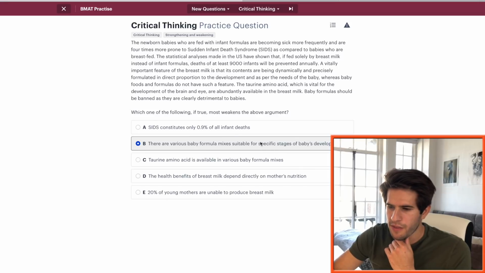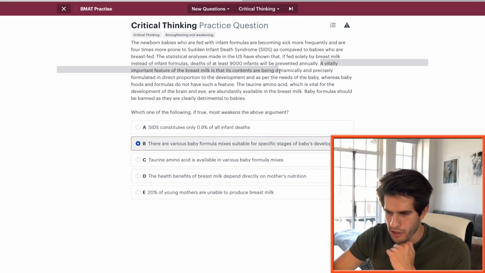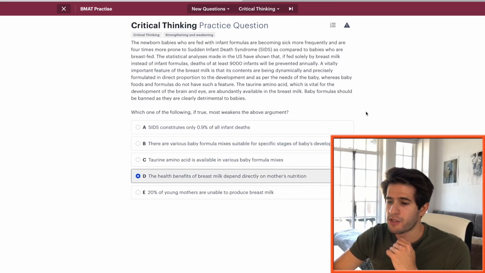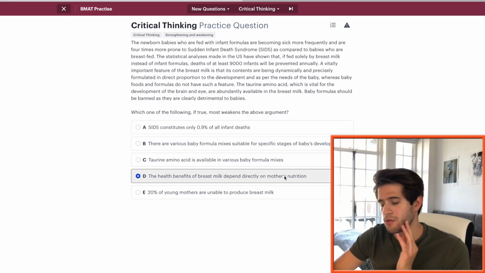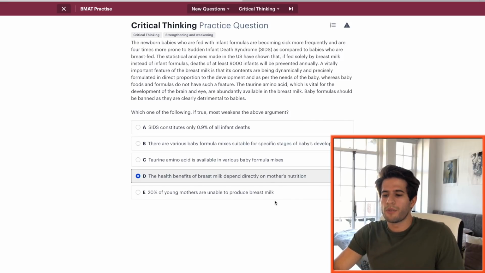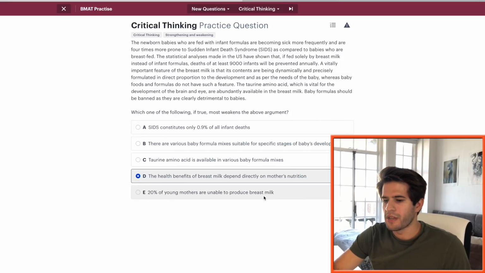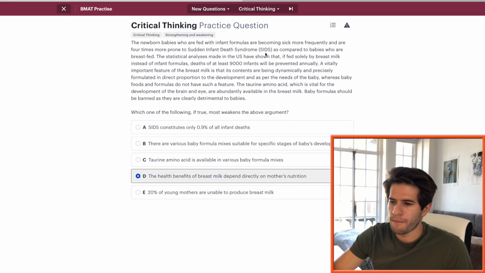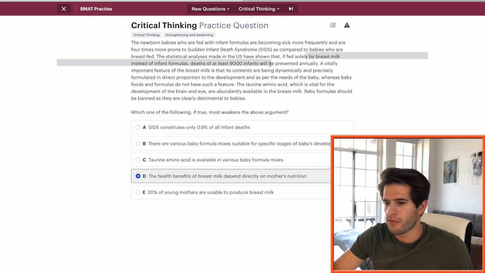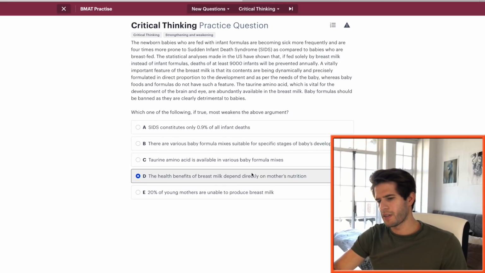So B directly tackles this part of the thing. D kind of attacks the whole argument that health benefits of breast milk depend directly on mother's nutrition, which could vary. And then E, 20% of young mothers aren't even able to produce breast milk. I think this might be the most because they're saying that if fed solely breast milk instead of infant formulas, deaths of these infants would be prevented annually. I think it's D. I think it's D here.